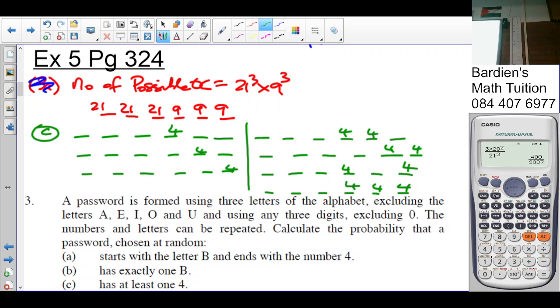So, I think we did a sum like this yesterday. How many options do I have here? 21, not so? 21, 21, 21 and so on. Okay? And how many options do I have here?